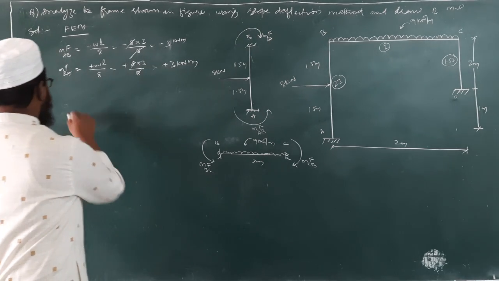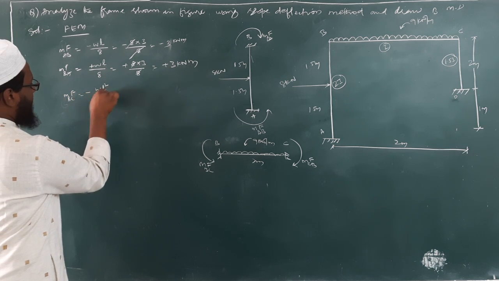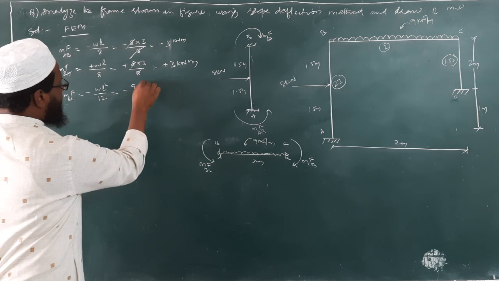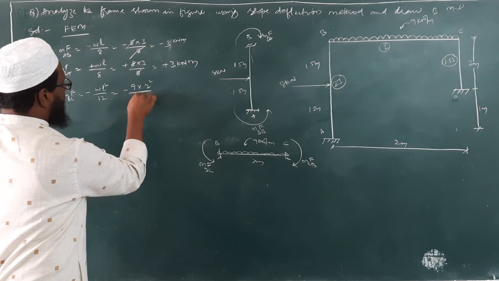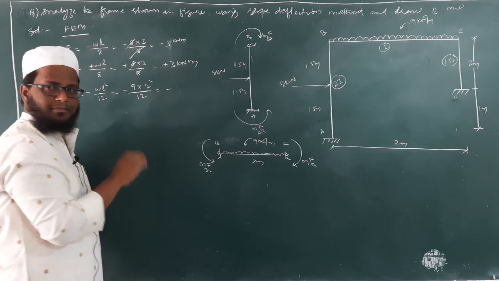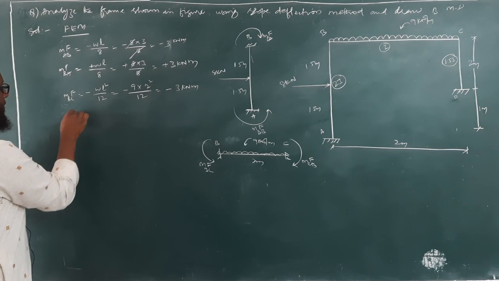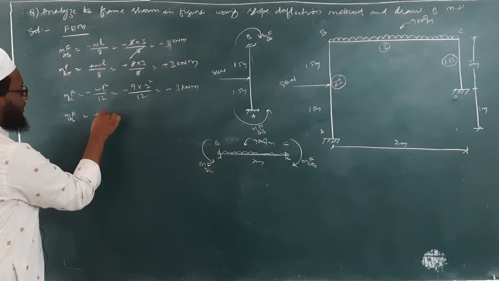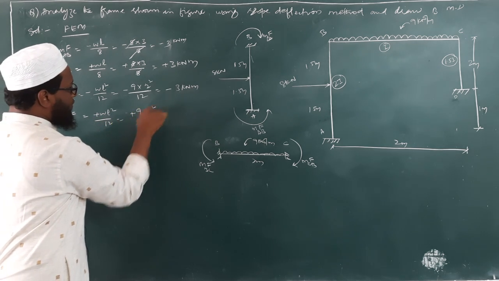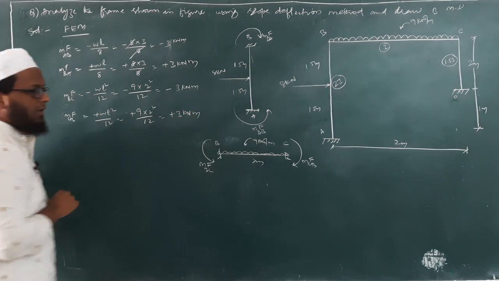Okay. So MF BC is equal to minus WL square by 12. So minus W is how much? 9 into L is 2 square divided by 12. Can you tell me this value? Minus 3, same. Minus 3 kilonewton meter. What about MF CB? Plus WL square by 12. So plus 9 into 2 square divided by 12, which is equal to plus 3 kilonewton meter.